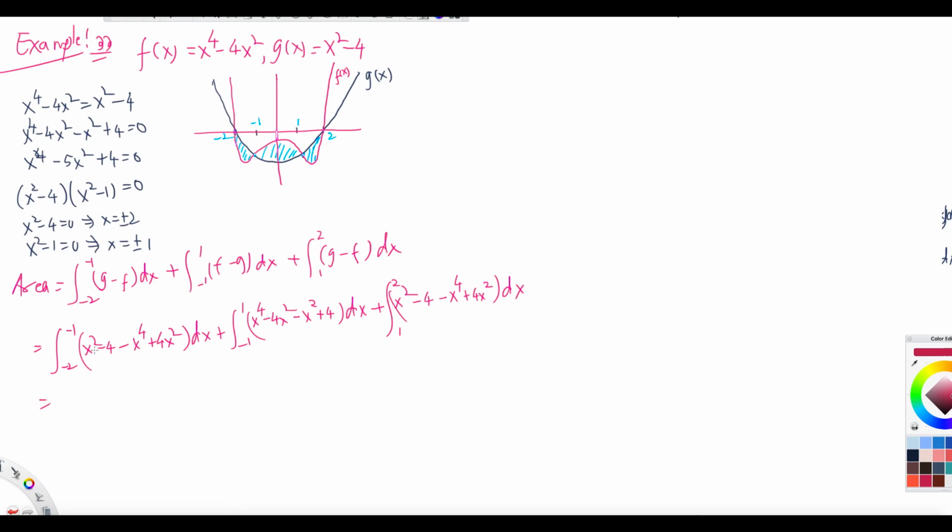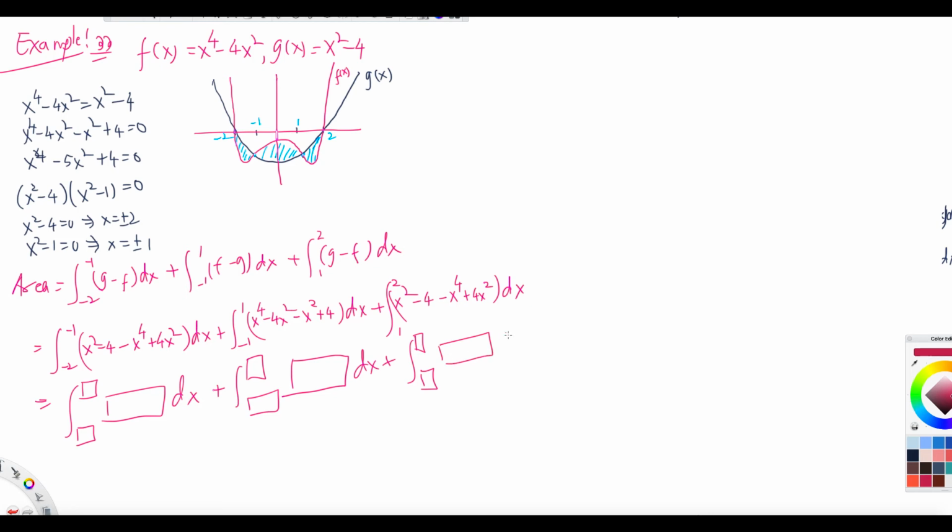You can integrate each of them, or just use a calculator. In the calculator, you go to the math menu and scroll down, and then dx. Do the same thing for this integral, and then plus again go to the integral for this one, and do that one, dx, and find those values and add them together.